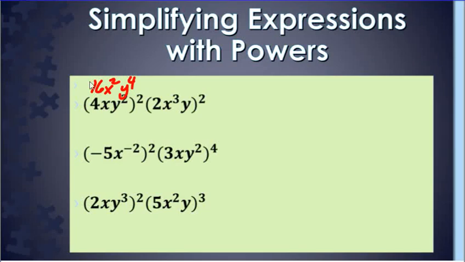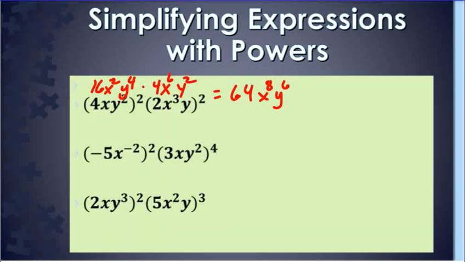And over here, 2 squared is 4, x to the 6th, y squared. And then we multiply straight across. So 16 times 4 gives us 64. X squared times x to the 6th. When we multiply like bases, we add the exponents, so it would be x to the 8th. And then y to the 4th times y squared would be y to the 6th.